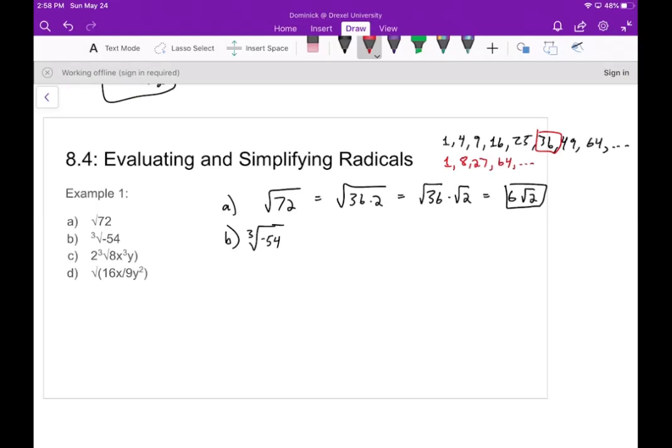In this case, the number that will get this done is 27. Since I'm taking a cube root of a negative, this is going to definitely be negative. And I'm going to have the cube root of 27 times 2. So this is negative cube root of 27 times cube root of 2. So I'm going to get negative 3 cube root of 2.